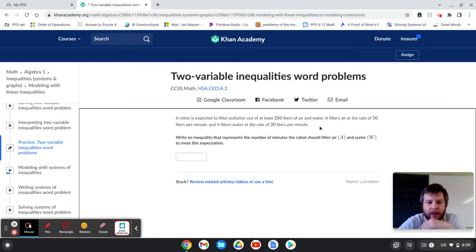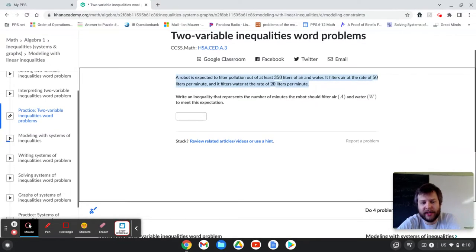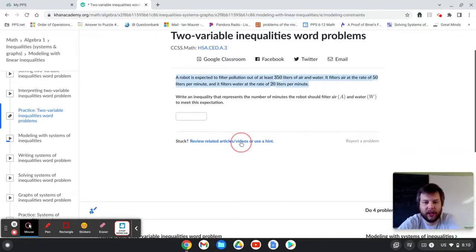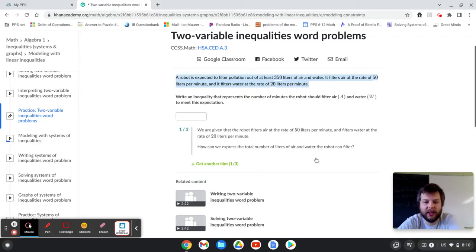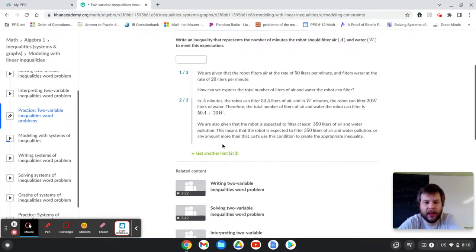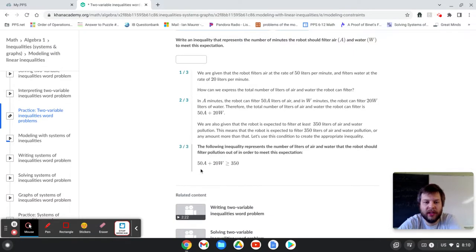We have something about a robot filtering pollution, and the rate. Maybe you don't know how to solve this problem. The nice thing about Khan Academy is you can click right here and get a hint, and it'll show you step by step how to solve it. And you could even type that into Desmos and use that to create your graph.